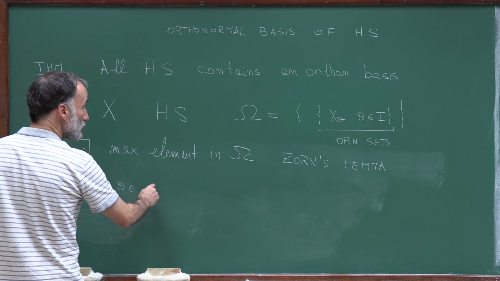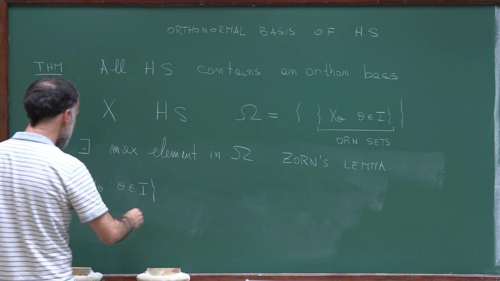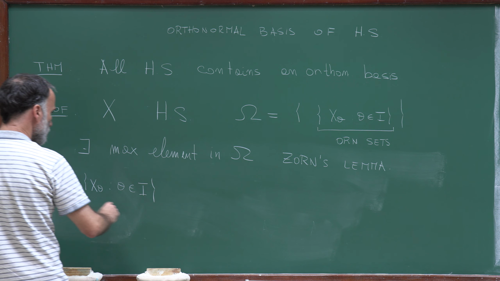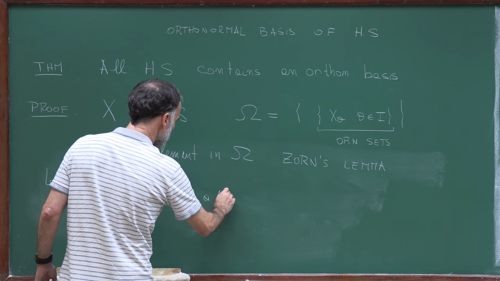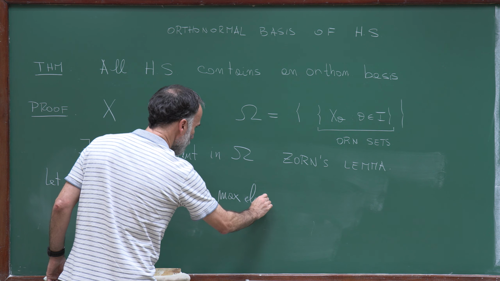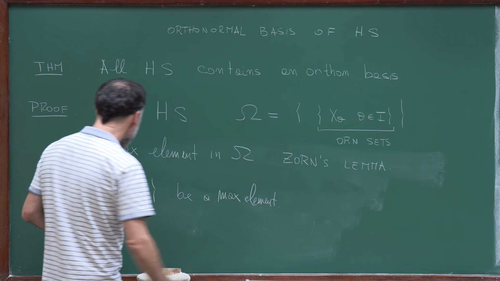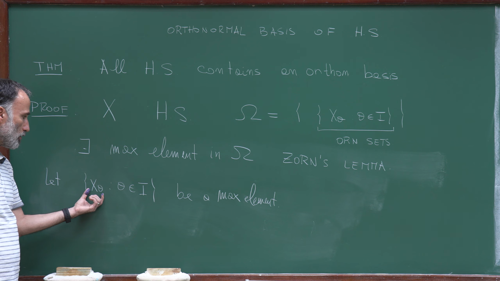theta in some set I, this maximal element. So let x theta be a maximal element. So it's an element of omega, which means that these vectors are all orthonormal.